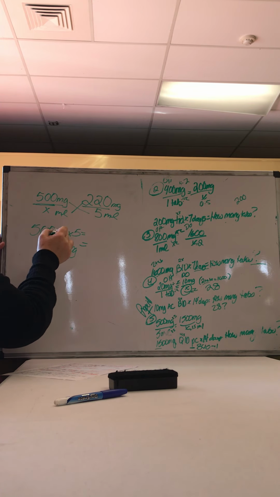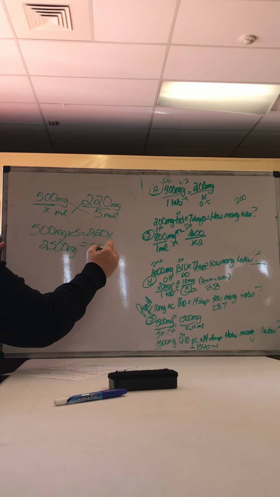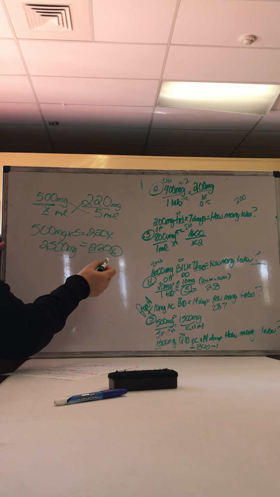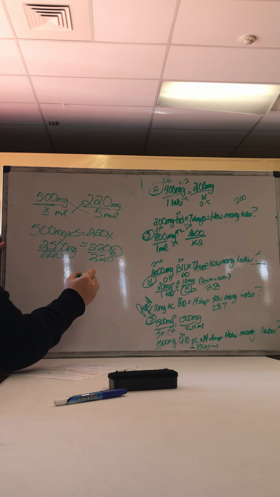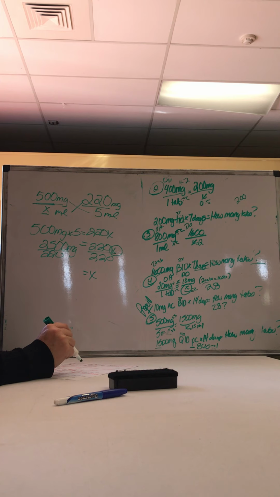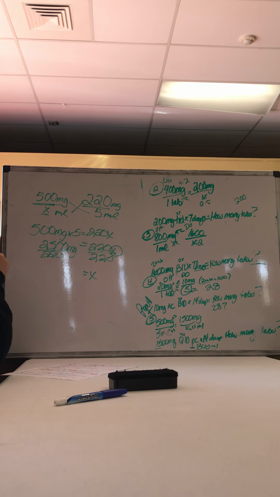Now that's that side of the problem. Now 220 times x. We need that x. So we have to divide 2,500 by 220.